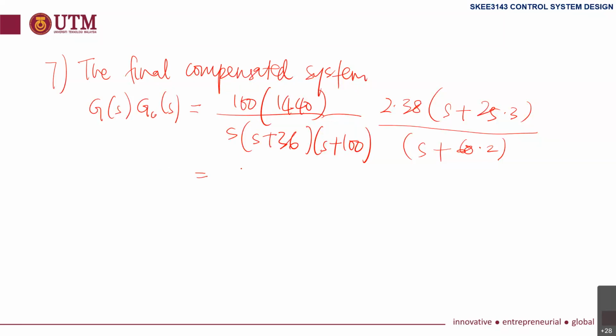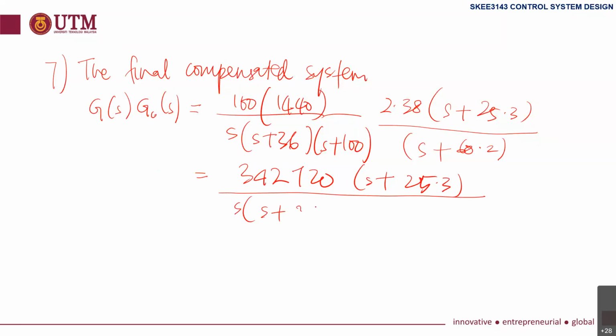So here is 342,720 (S plus 25.3) over S(S plus 36)(S plus 60.2). That is the final system when we add a compensator.